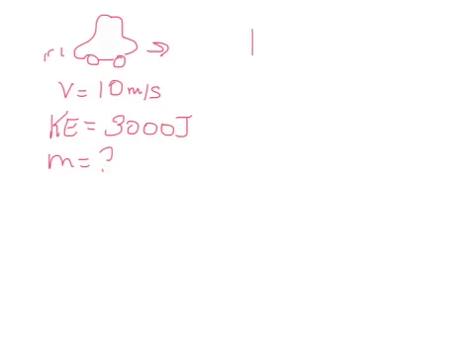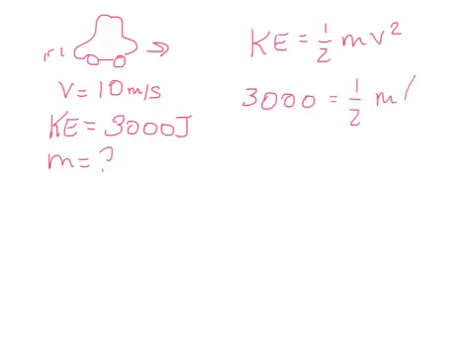Well, we know kinetic energy equals 1/2 mass velocity squared. Kinetic energy is 3,000, which equals 1/2 mass times 10 squared. So what do we do first? Let's get rid of the 1/2. Multiply both sides by 2.